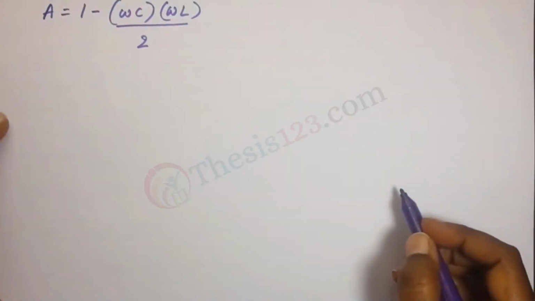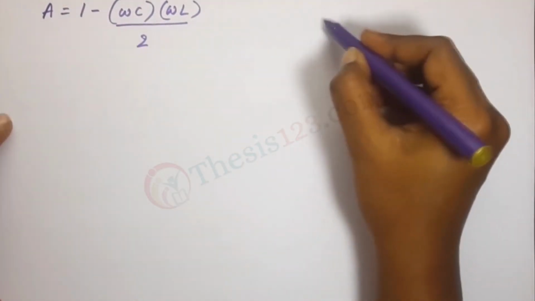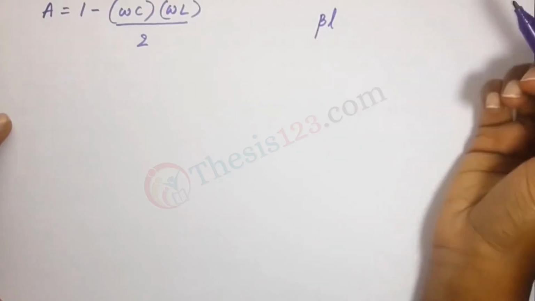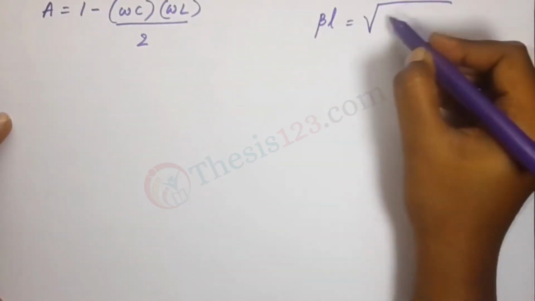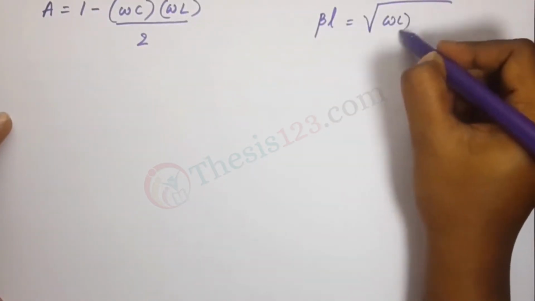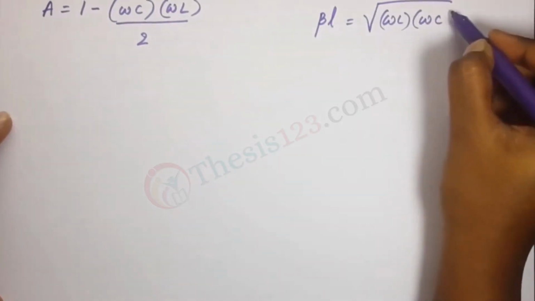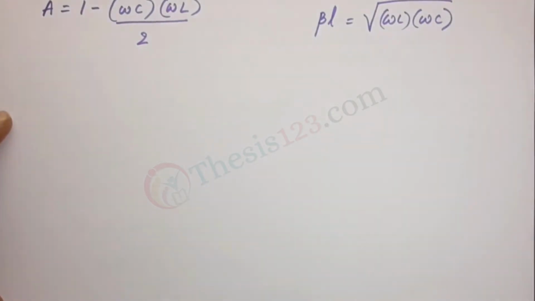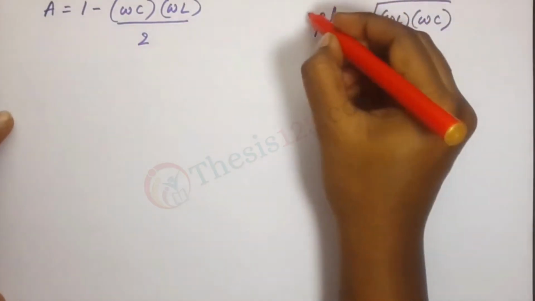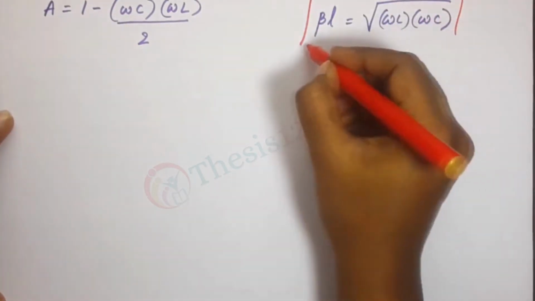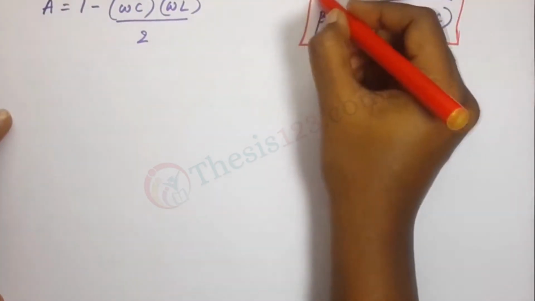Okay. Now we have another relation. Beta L is equal to root of omega L into omega C. Now here's another relation that will help in deriving the expression that we require.